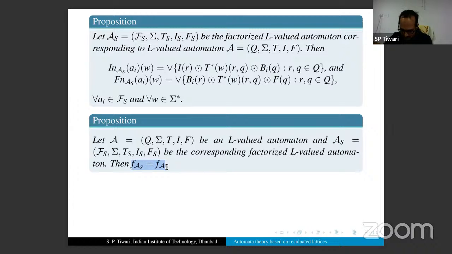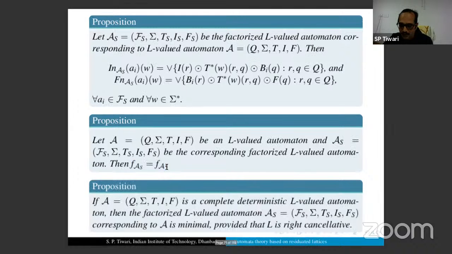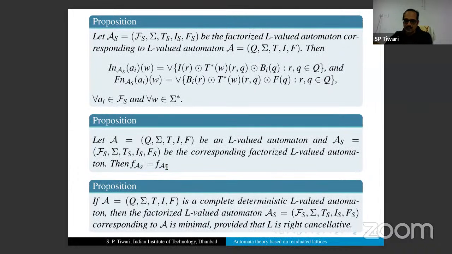So this is not the only answer, but the answer is this particular result. This one is minimal in nature. That is, we have reduced the states and we find the minimal number of states which justifies the same L-valued language. But this is not true for general lattices, provided that our lattice should be right cancellative.